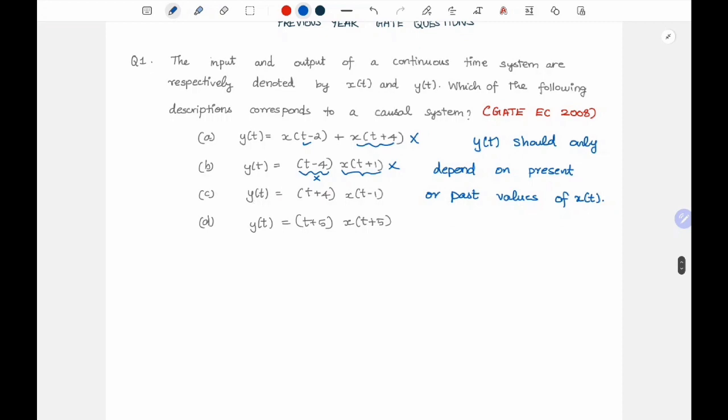And if you see the C option, it is actually depending on t plus 4 and x of t minus 1. So we should not confuse this t plus 4 with being the future value. It is only taking the t in the present. So t plus 4 only takes t in the present and does some operation.